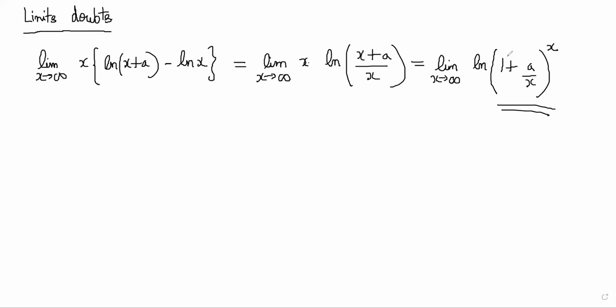This part, I know what this part tends to. This is fitting my pattern, right? E power a. So ln e power a will be a. This is tending to 0, this is tending to infinity. That is the pattern. Okay. Got it. Next one.